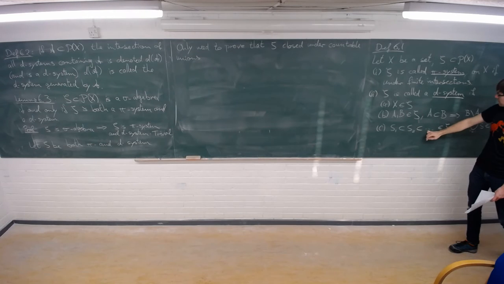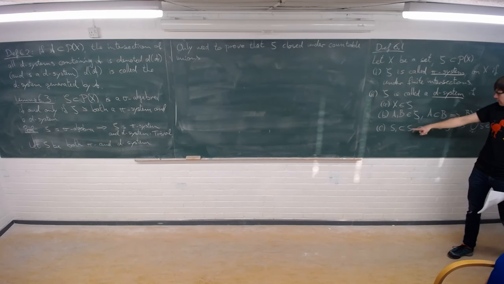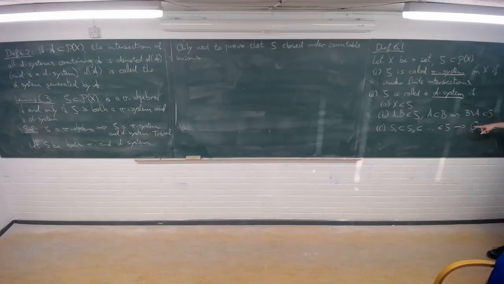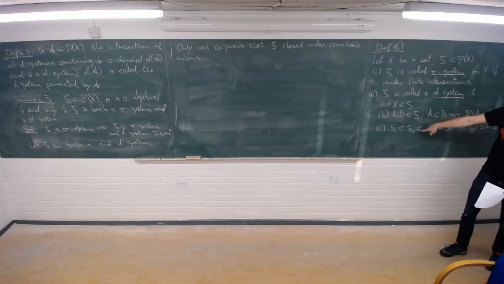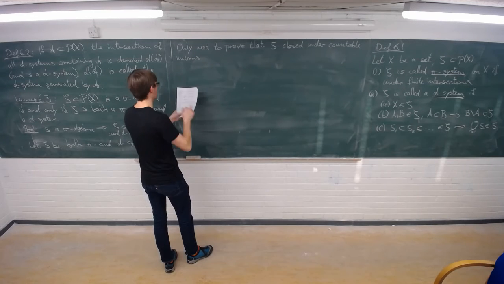In the definition of a D system, we have closedness under countable unions of increasing sets. But in the definition of sigma algebra, the sequence does not have to be increasing. So that's one thing we have to show.